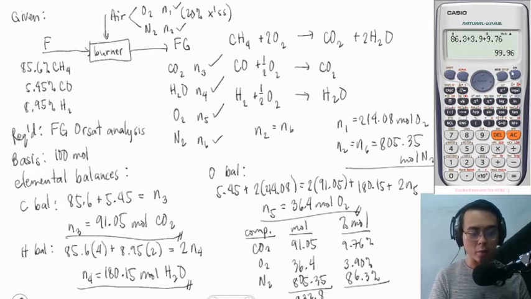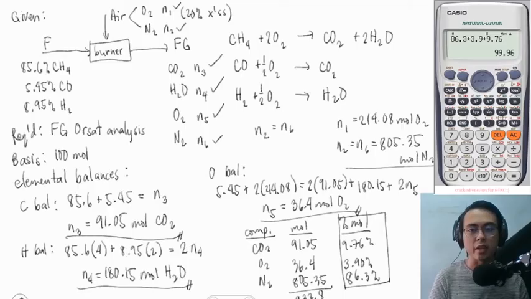This will not be exactly 100% because your percent by mole of nitrogen is only 1 decimal place long. So that's okay if we are sticking with significant figures. Okay, so that is how we solve combustion reaction problems for gaseous fuel.